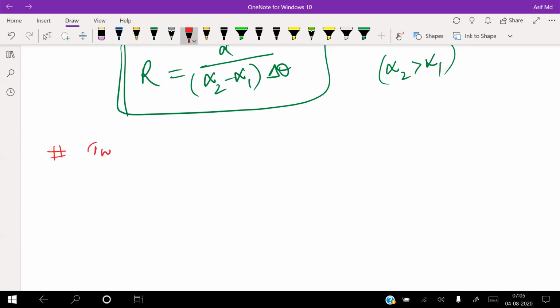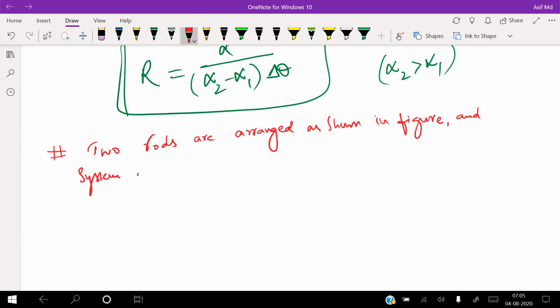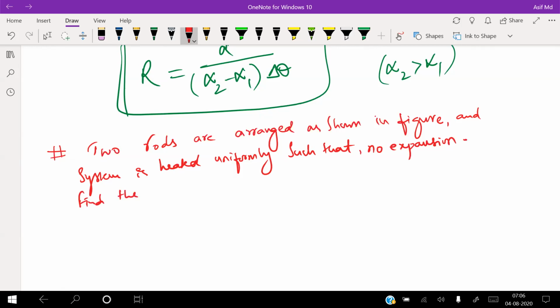We have got two rods which are arranged as shown in figure, and the system is heated uniformly such that there is no expansion. Find the displacement of your joint.